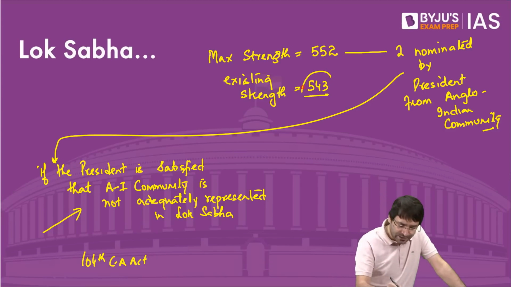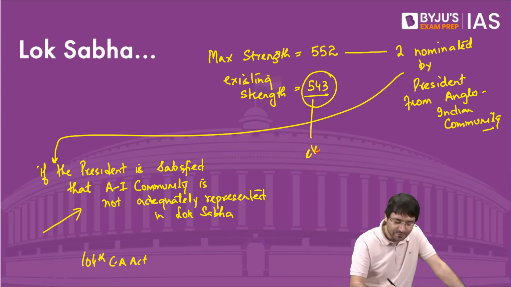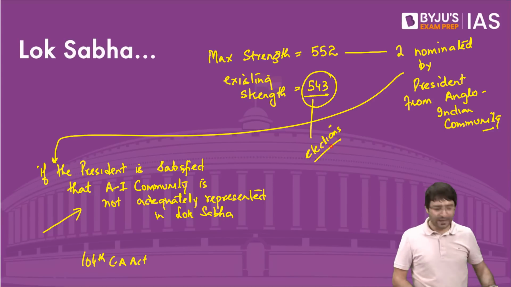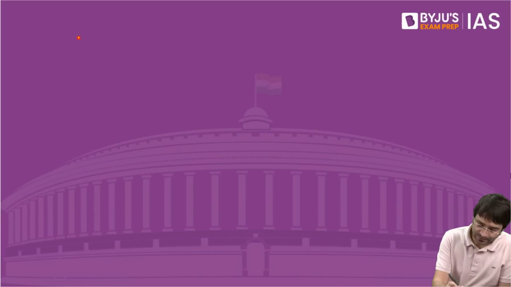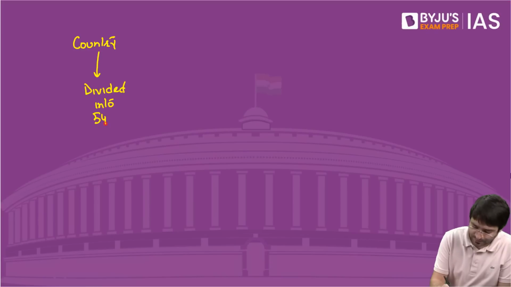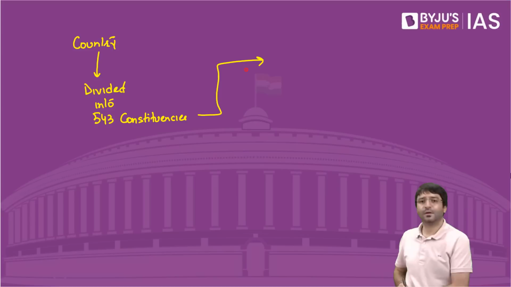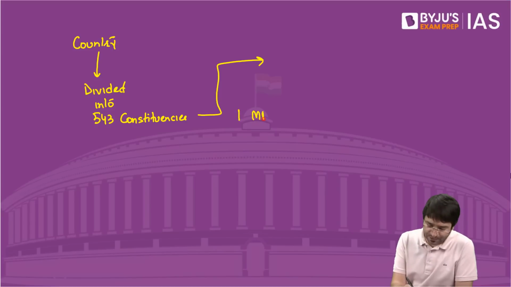What about the remaining 543? How do elections take place? The entire country is divided into 543 constituencies, and we will have one MP from a constituency.